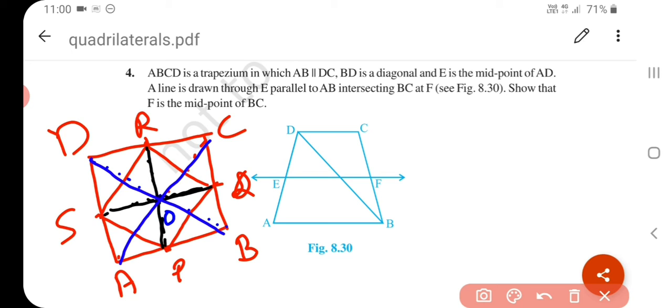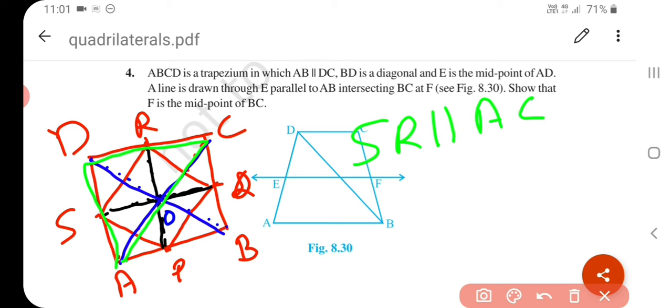In triangle ADC, S and R are the midpoints of DA and CD. We have two midpoints S and R, so we can say that SR is parallel to AC, and SR is 1/2 AC.